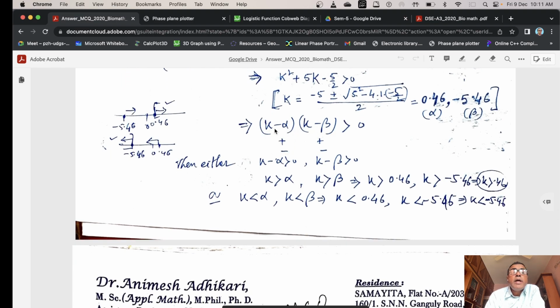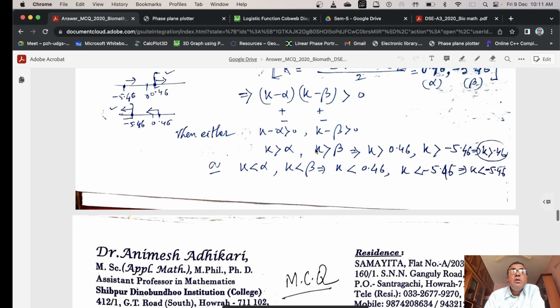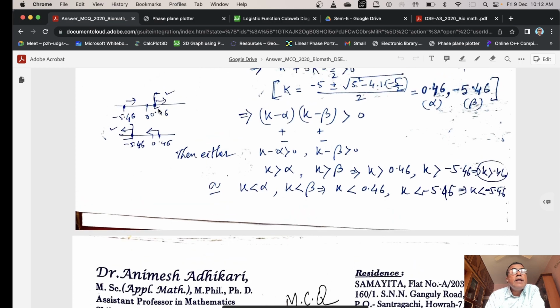So we have either k minus alpha positive and k minus beta positive, or k minus alpha negative and k minus beta negative also. From the first, k is greater than alpha and k is greater than beta, so k is greater than 0.46 and k is greater than minus 5.46, and combining we get k greater than 0.46.